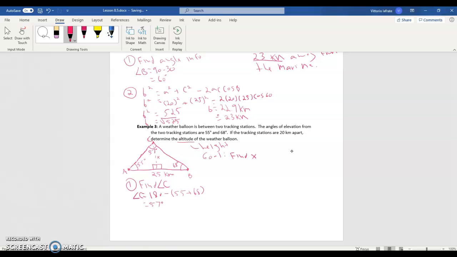So now you'll notice that we can use the sine law. We can use the sine law to find this side over here. Let's call this side little a, because here we have big A, so little a is over here.